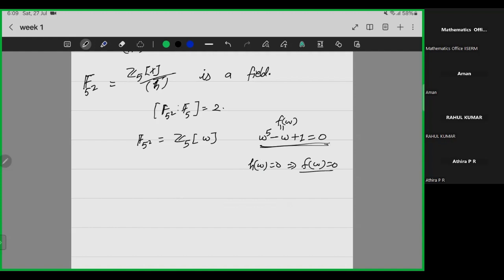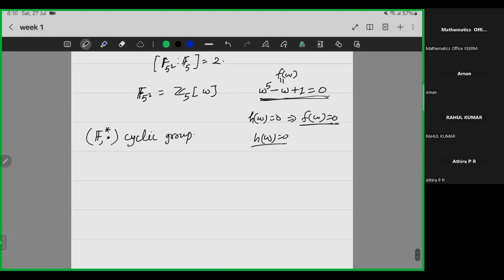Here omega satisfies this condition. H of omega is equal to 0, and yes, f of omega is 0. Everything is given here. All right. Now from here, for finite fields, F star, this is a cyclic group with multiplication, is cyclic.